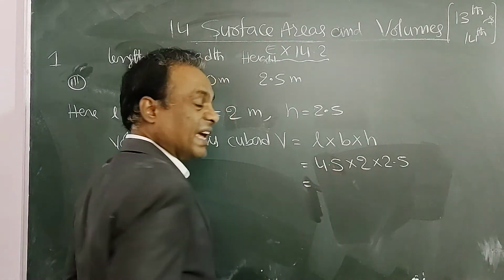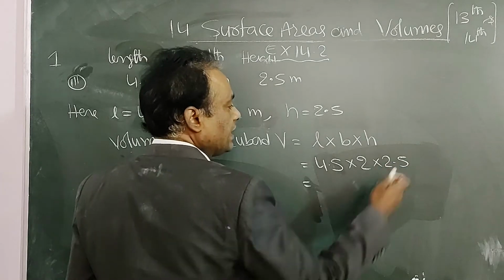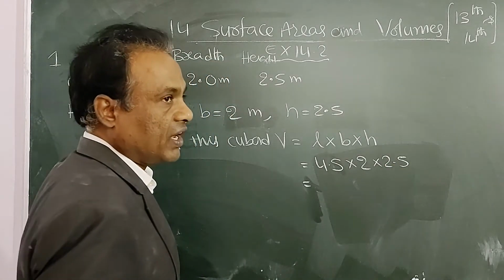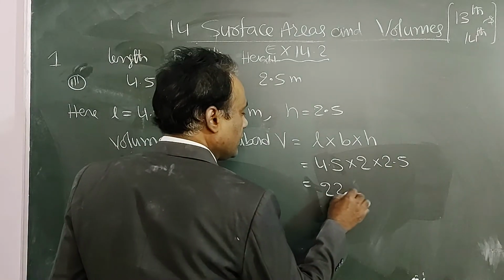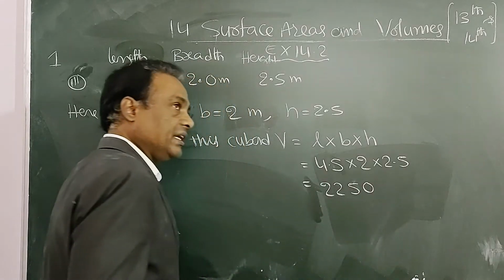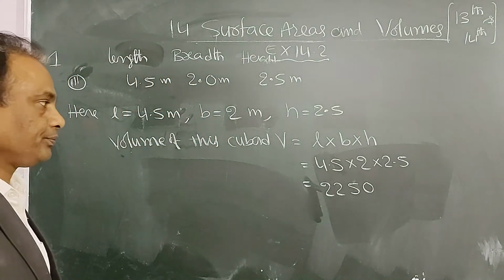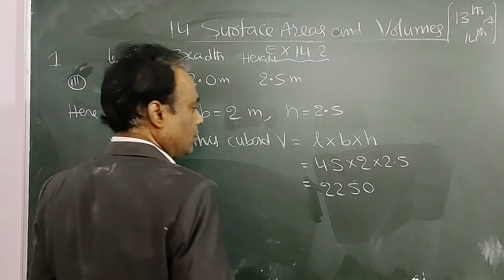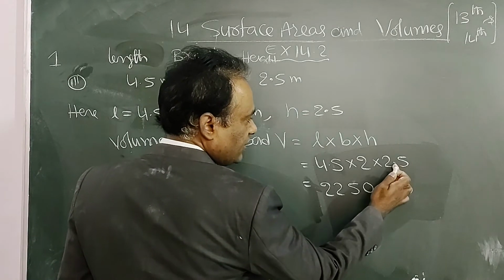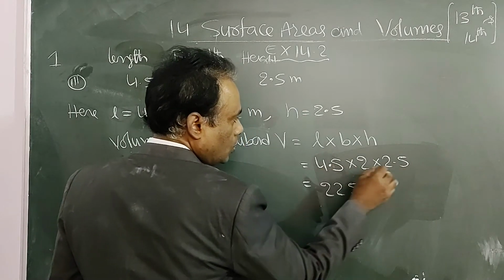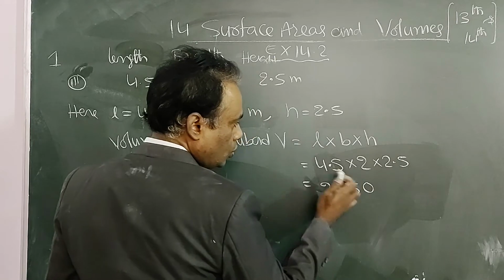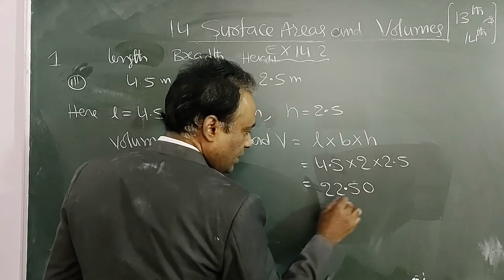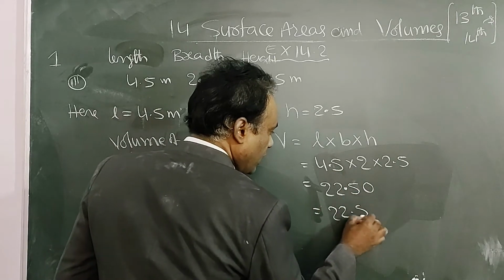45 into 2, 90. 90 into 25, 2250. Before decimal one digit, 2 digits. 1, 2 decimal. So 22.5.